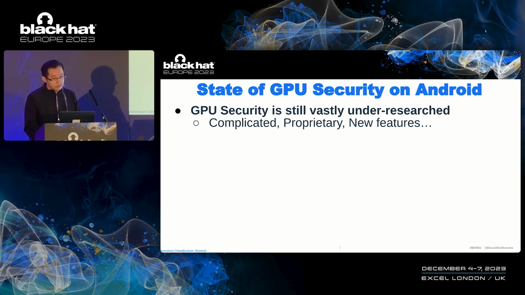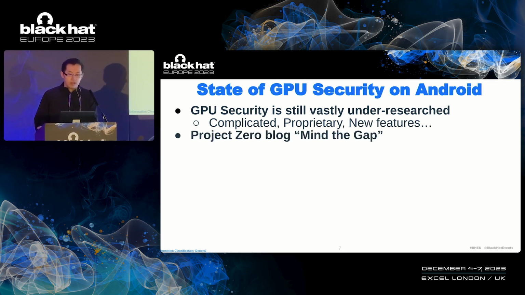From the spyware industry's point of view, the zero-day market may have a lot of GPU exploits. According to the Project Zero blog post about securing Android GPU, the findings by Project Zero may already collide with the vulnerabilities in the zero-day market.